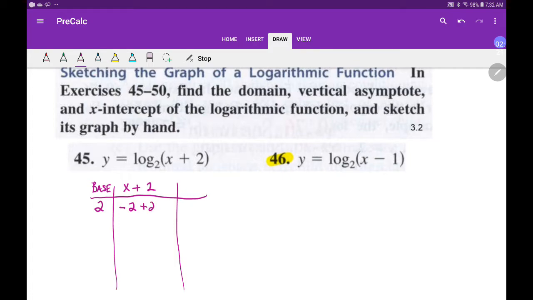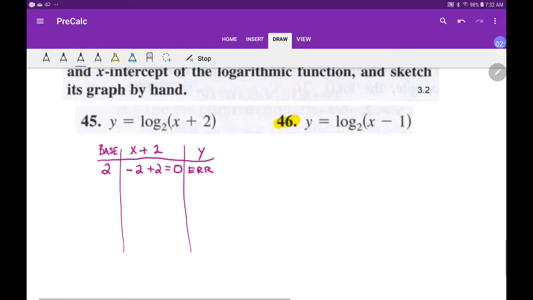Negative 2 plus 2 is 0. Can I make this happen? Can I make the base 0? No, I can't do that. So I'd get an error for this. There is no exponent that I can raise 2 to get 0. So that's not going to happen.